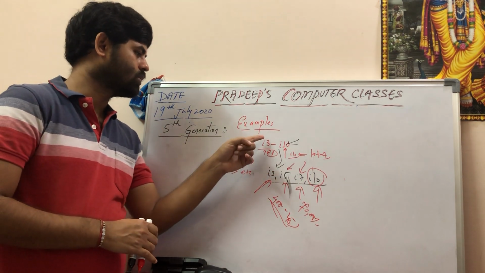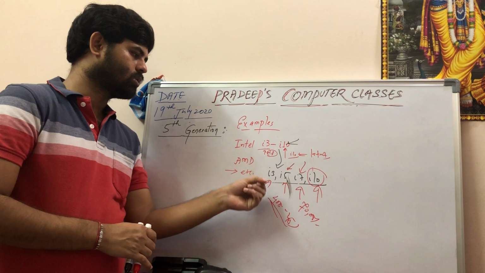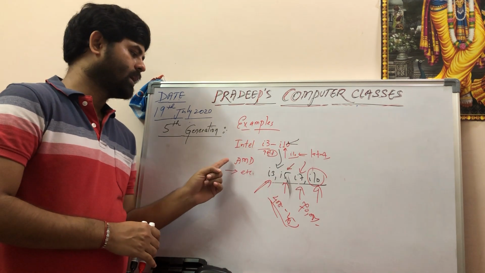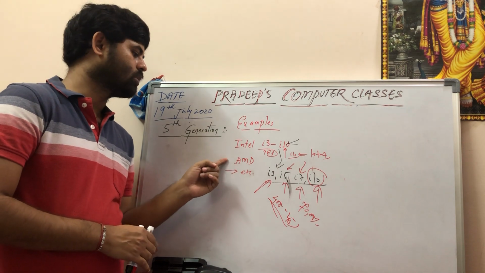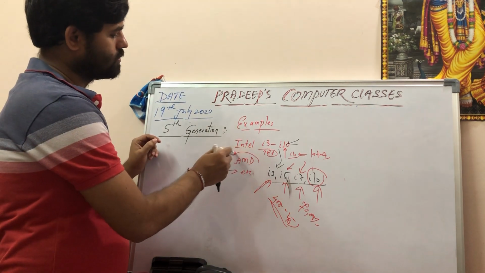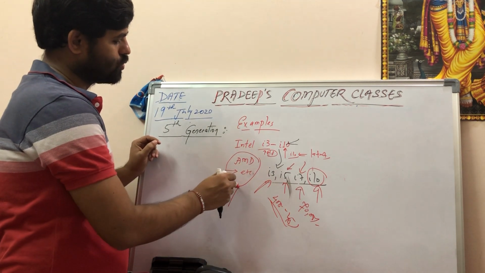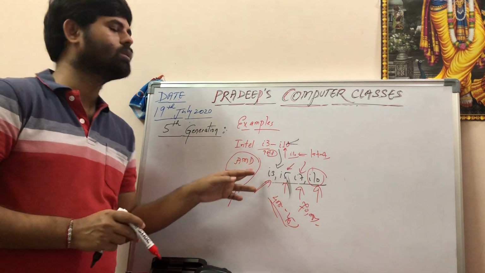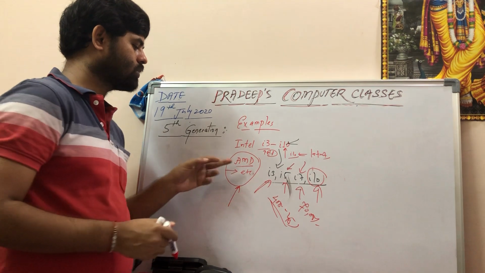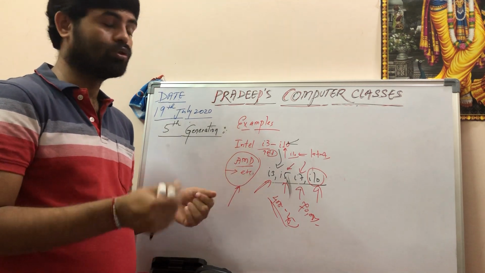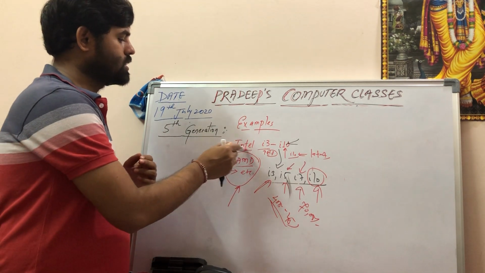So Intel has produced all these things. That is what this i3 to i10 means. AMD is also a processor, like Intel is a processor. The AMD processor is not so efficient, but for personal use at home, you can go for AMD also, because the AMD processor also processes in a good way. But Intel processing is very high.